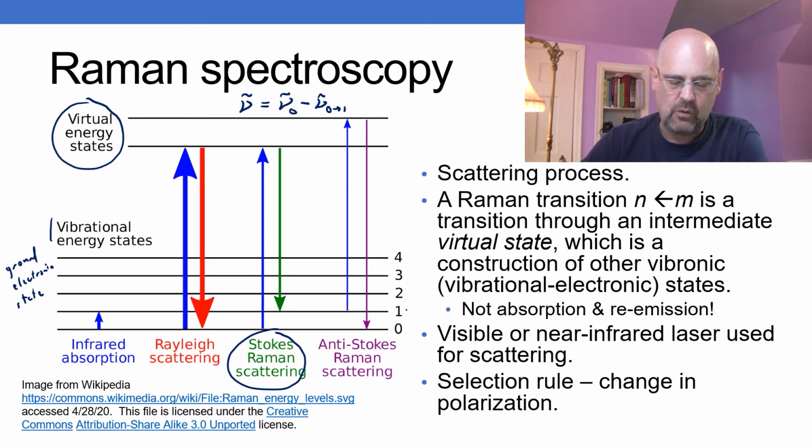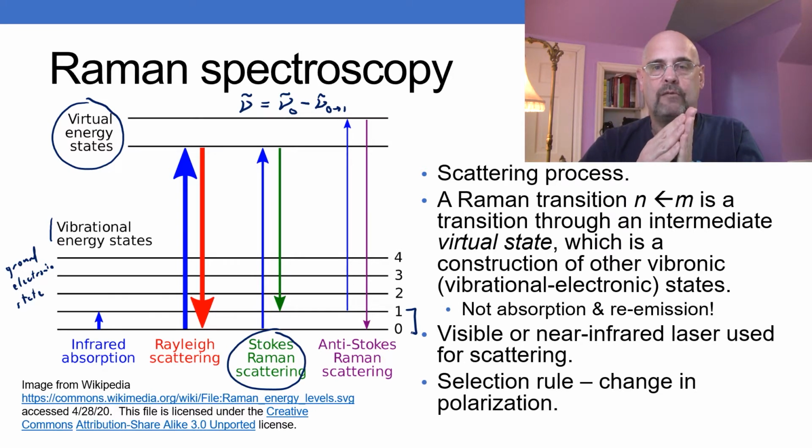Again, 0 to 1 are the vibrational levels I have here. So the light is coming off with somewhat lower energy. The difference in energy is the energy of the 0 to 1 vibrational level. If I take that visible light and see what its scattered spectrum is, I get the vibrational spectrum of the molecule, but now in visible light instead of infrared.